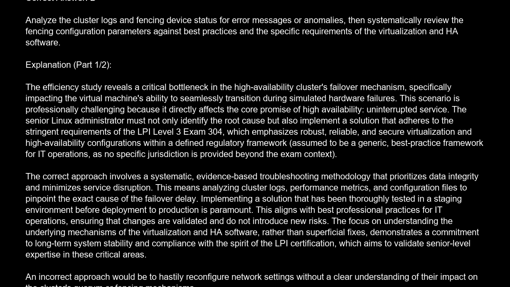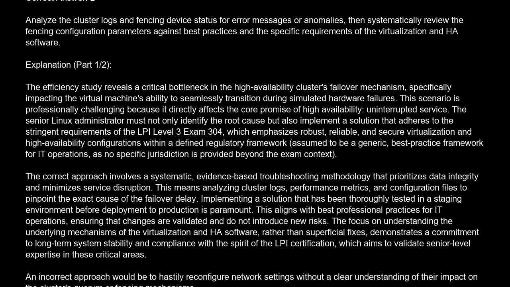The senior Linux administrator must not only identify the root cause, but also implement a solution that adheres to the stringent requirements of the LPI Level 3 Exam 304, which emphasizes robust, reliable, and secure virtualization and high-availability configurations within a defined regulatory framework, assumed to be a generic, best practice framework for IT operations, as no specific jurisdiction is provided beyond the exam context.